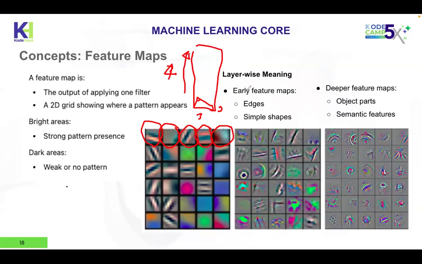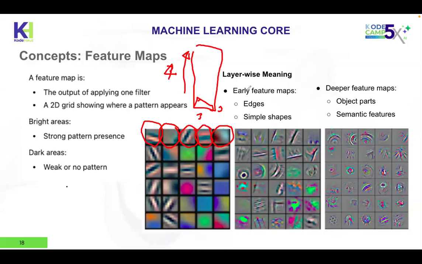So if you want to extract 32 features from this layer, you need to have 32 kernels, 4 by 4 by whatever kernels. The third dimension of the filter is determined by the number of inputs, and the number of filters is determined by the number of outputs you want.